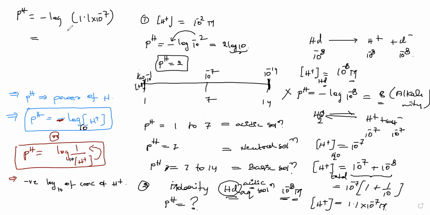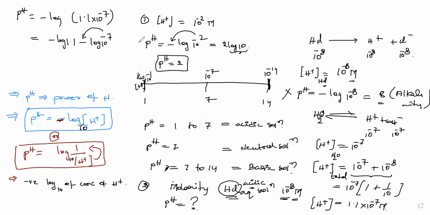Then again, same method: log AB is log A plus log B. That's why minus log 1.1 and plus... plus means we get minus only, because minus is present in front of this. That's why we take minus log 10 to the power of minus 7.